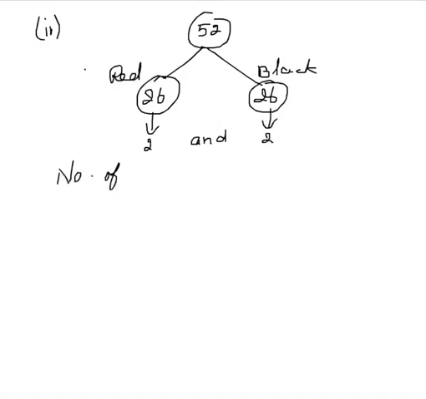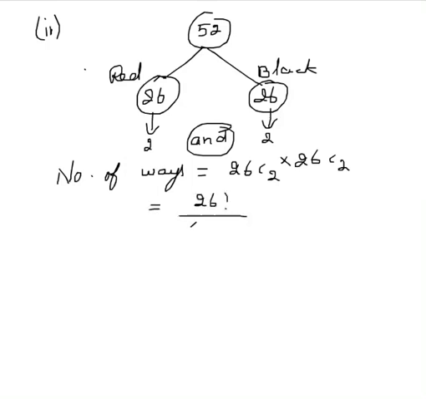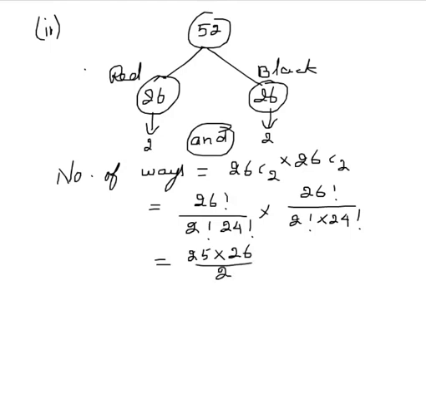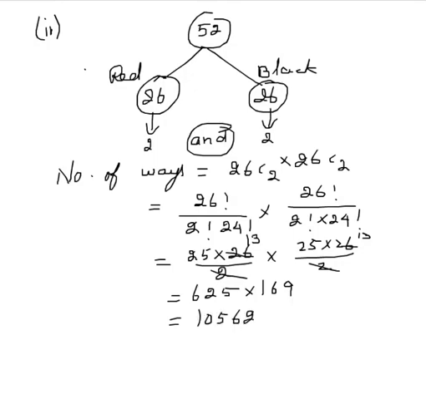Therefore, number of ways is equal to 26C2 and multiply 26C2. 26 factorial divided by 2 factorial times 24 factorial. 25 into 26 divided by 2. 625 times 169, which is equal to 105625.